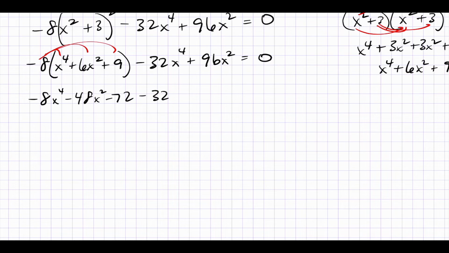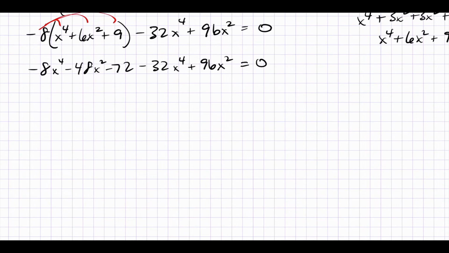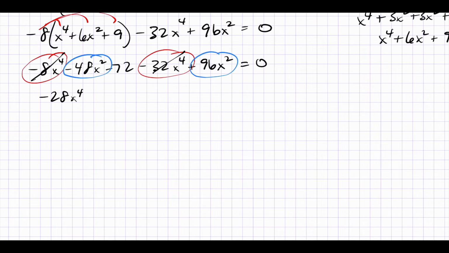Minus 72 minus 32x to the fourth plus 96x squared equals 0. Okay, combine like terms. Negative 28x to the fourth plus 48x squared minus 72 equals 0.